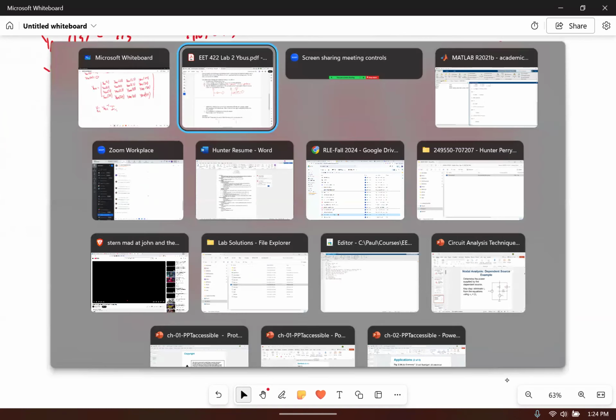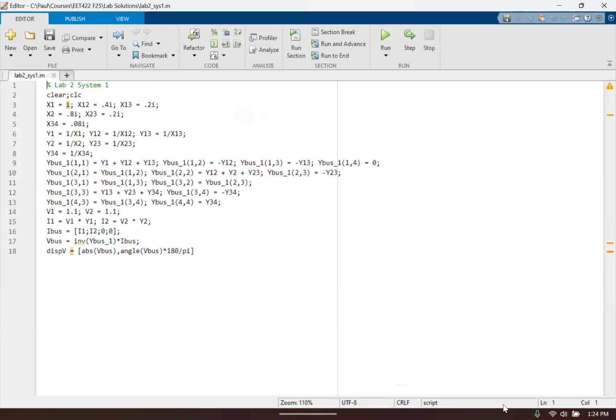Let's see if this is right. Let us go to MATLAB. Here's our Y bus lab. And if you look closely, you'll see all the work that I did, right? So I've got X1, X2, X3. I've got all the X values just entered in, right?